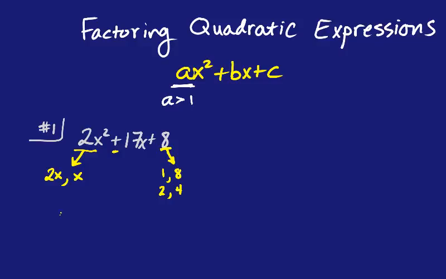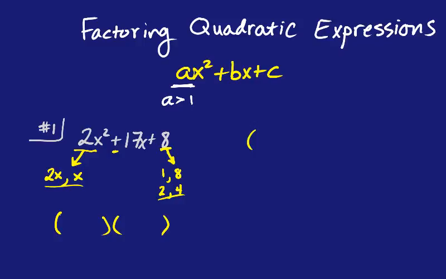Now what you want to do is write your binomials, and create a combination of the factors of the first term and factors of the last term, so that if you FOIL it out, it would equal your original problem. I'm going to do my work off to the side.